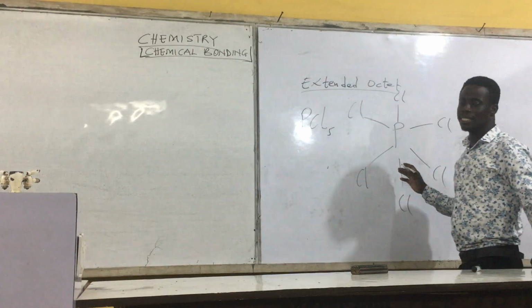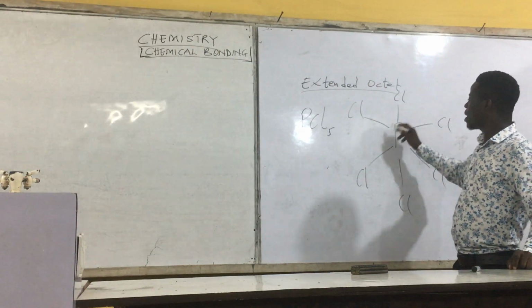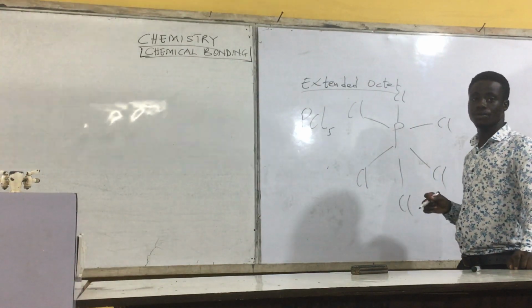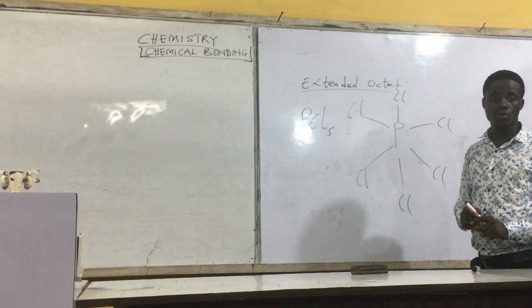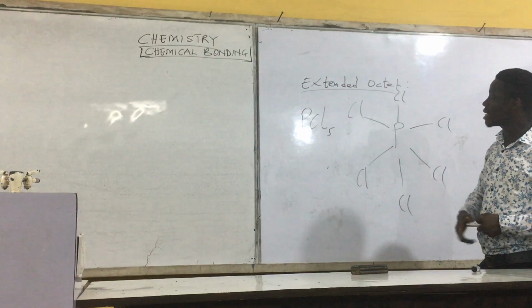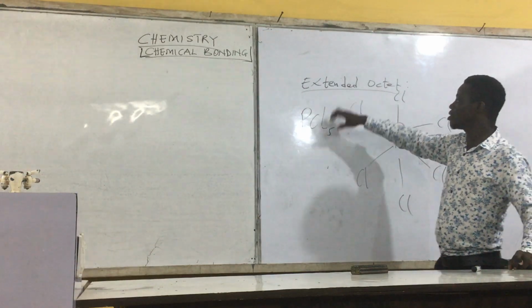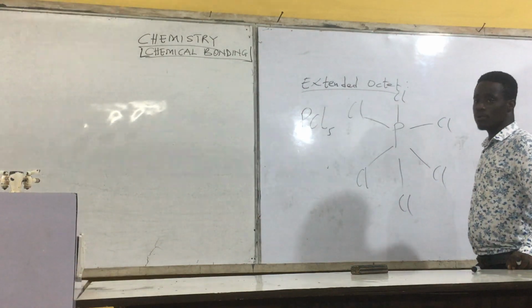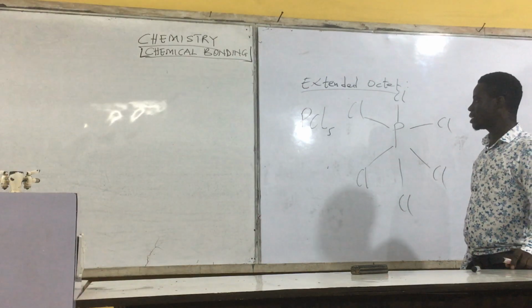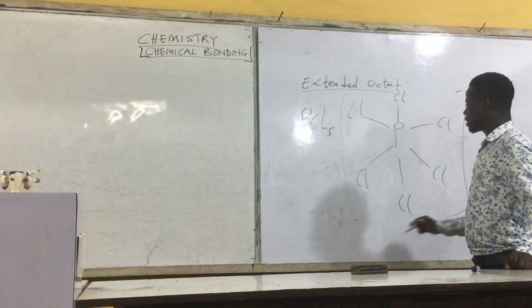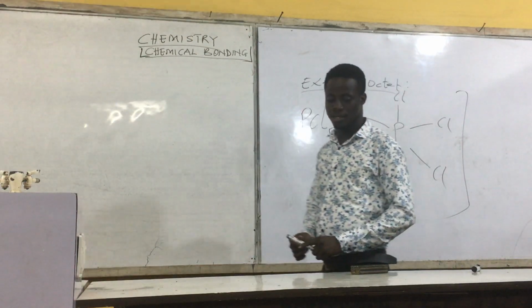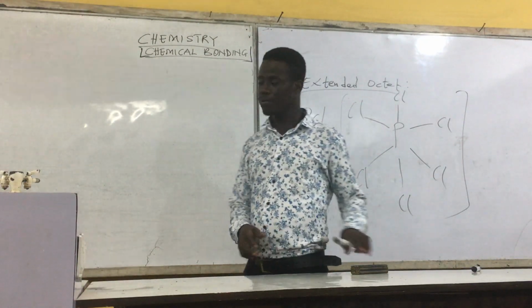You realize that this is not obeying the octet rule. So this is an extended octet. I would like you to get some examples of molecules having the same violation of the octet rule, called the extended octet. Write your answer in the comment section if you are able to do it correctly, yes. If you are not able to do that, just write no.